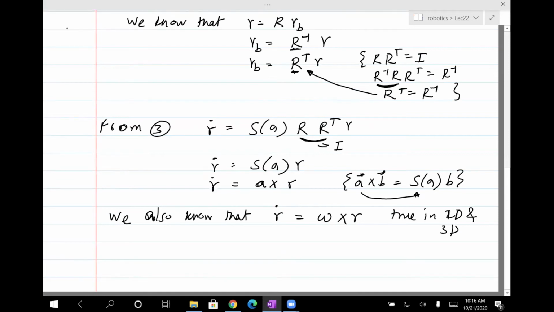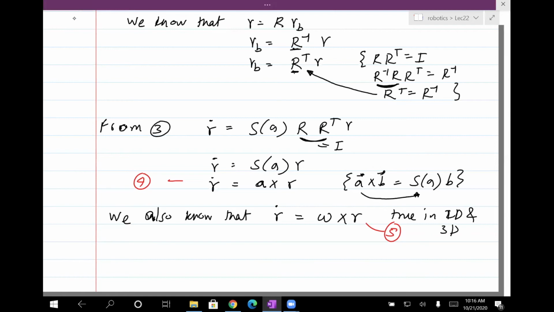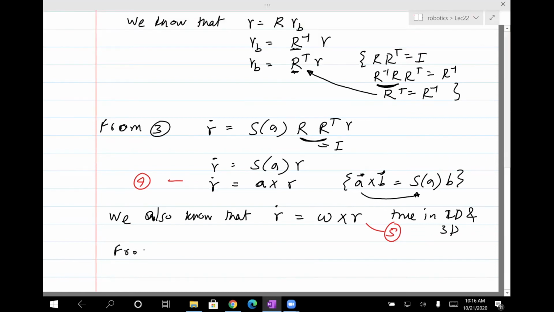So if you notice, let me call this 4, let me call this 5. From 4 and 5, we can notice that A is nothing but omega. So that A, which we had in the skew symmetric matrix, is actually the angular speed.